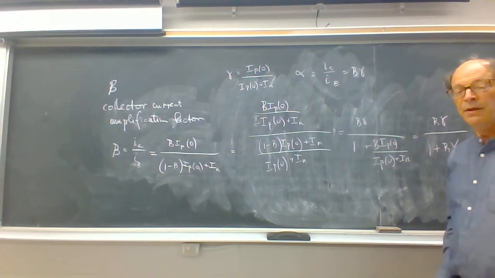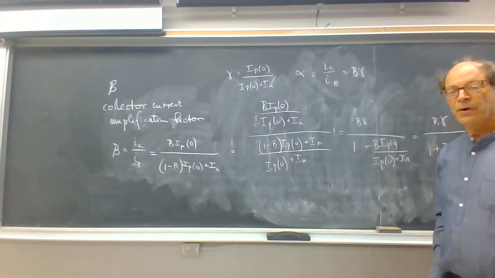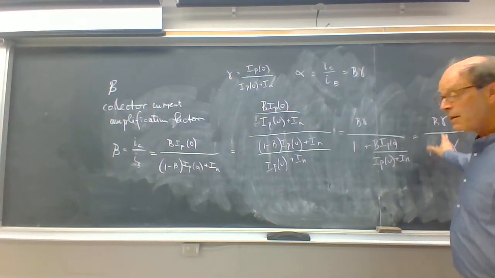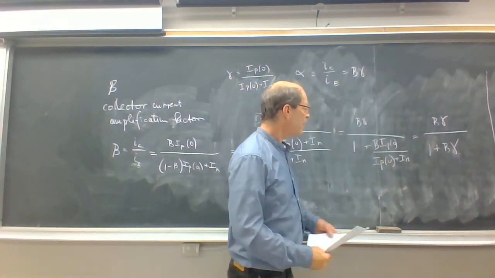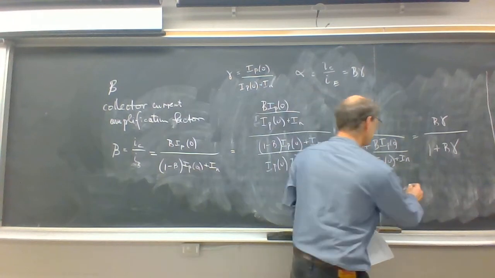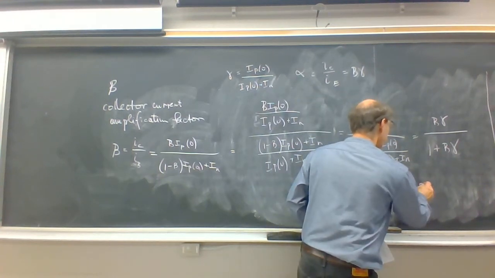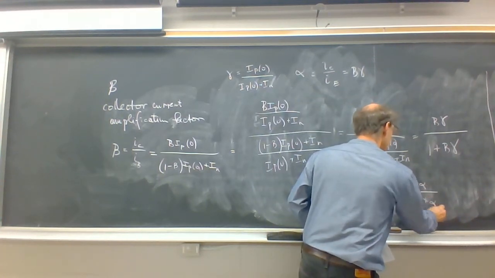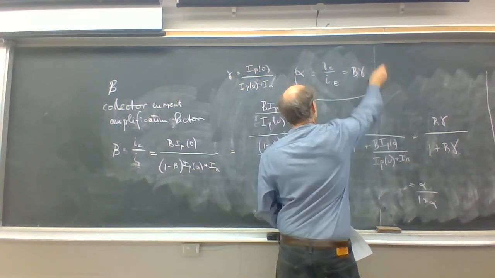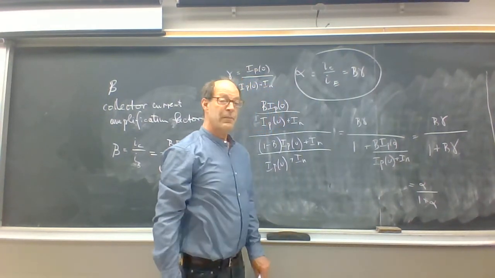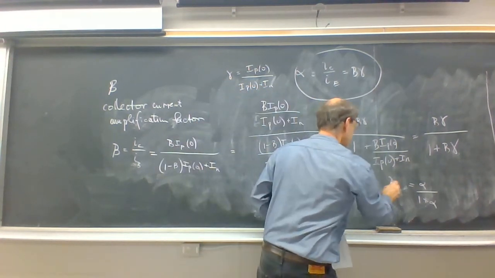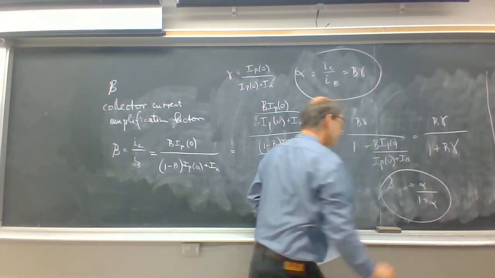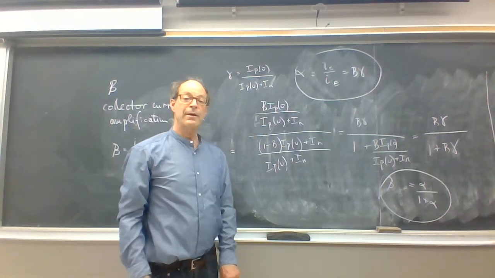So we've got B gamma over 1 minus B gamma. And I can rewrite that as alpha divided by 1 minus alpha, because we have this relationship, alpha equals B gamma. So this becomes the relationship to define beta.